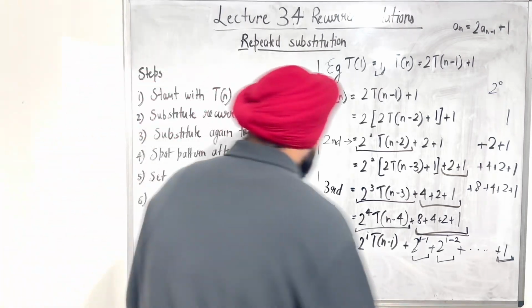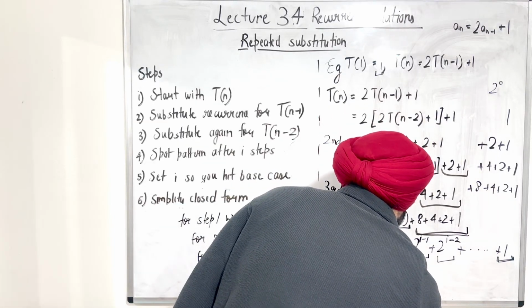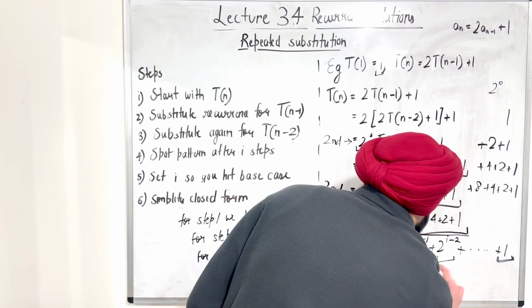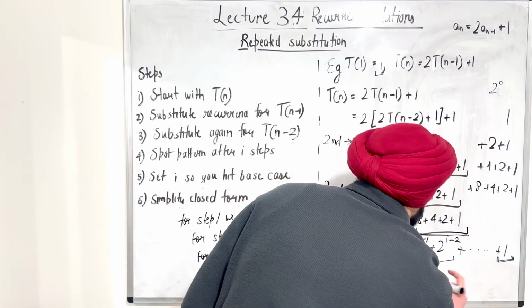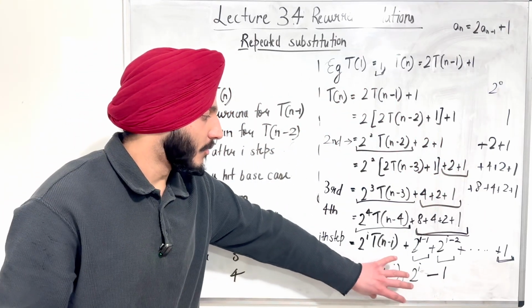So you get 2^i T(n-i) plus 2^i minus 1, and this is going to be your final term for now.